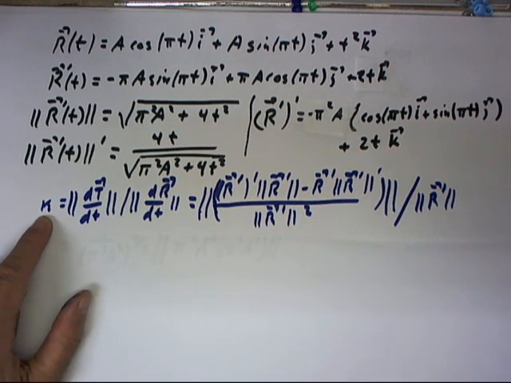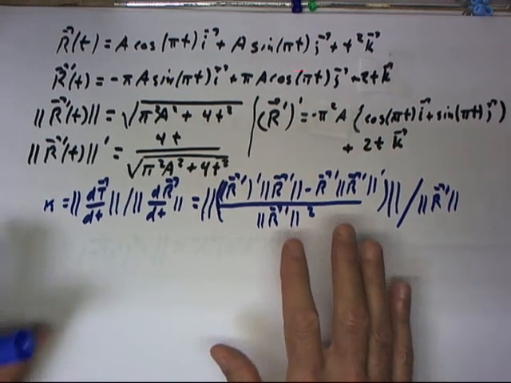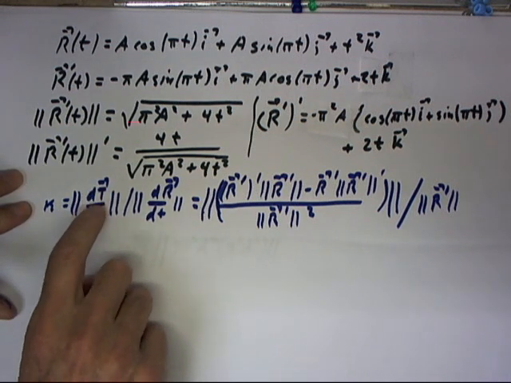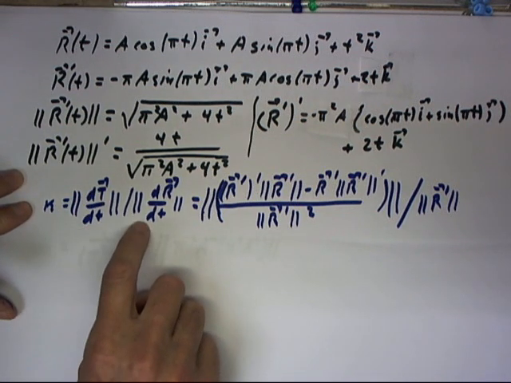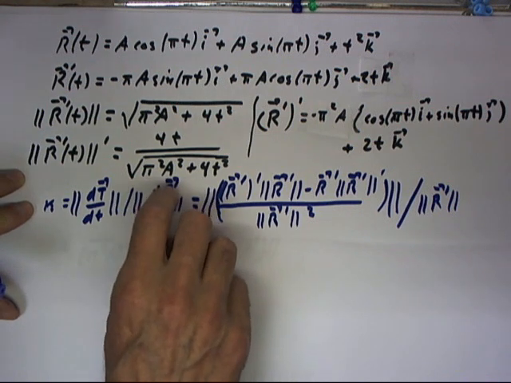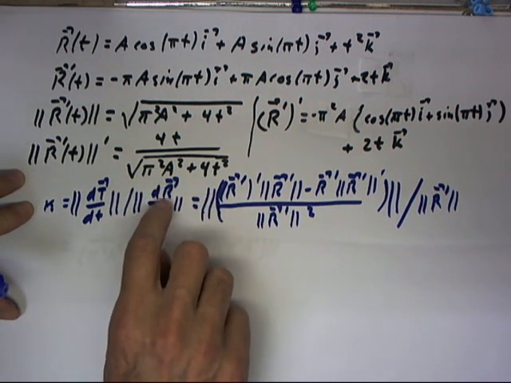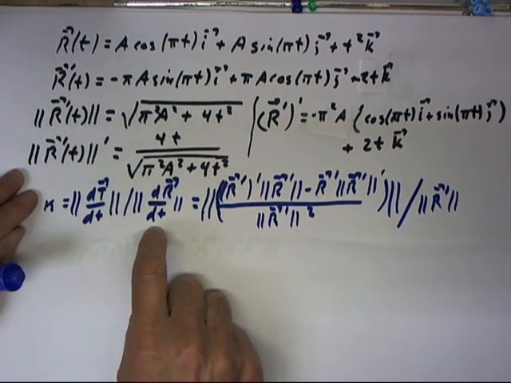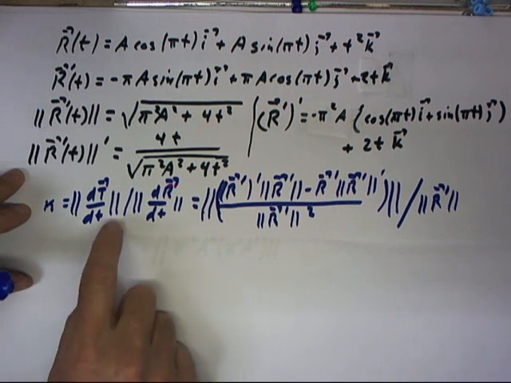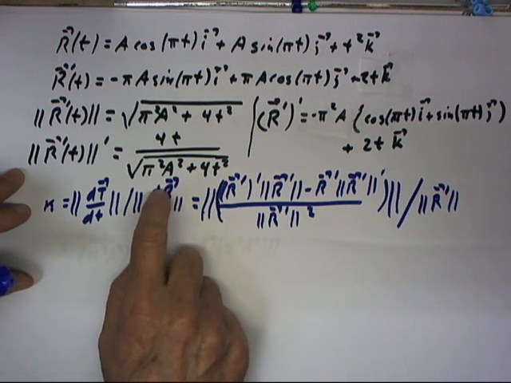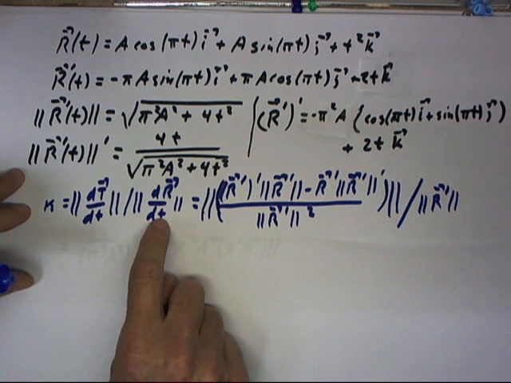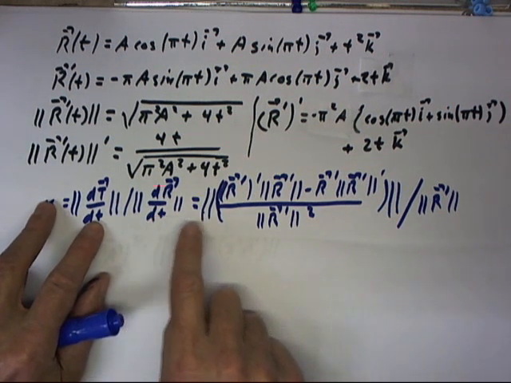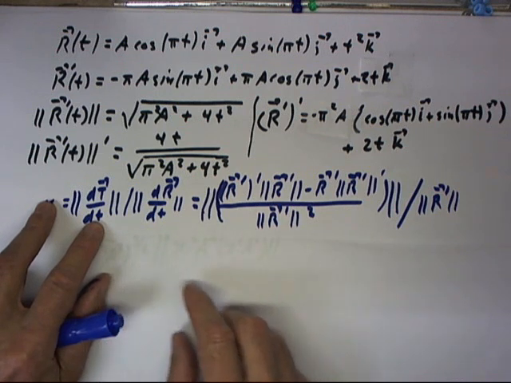Our curvature, as we've pointed out previously, is just going to be the magnitude of the derivative of the unit tangent vector with respect to t divided by the derivative of the magnitude of our dr dt. That's going to give us dT ds, because this is actually ds dt. So the calculation is fairly straightforward at this point. We just have to keep track of everything, and of course that's a little bit challenging.